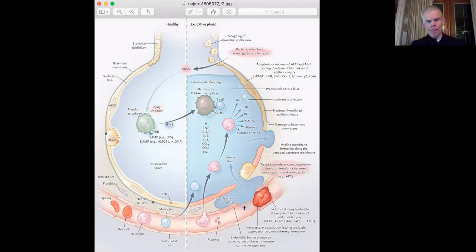So the idea of increased capillary permeability, let's look at that one first. And this has to do with the endothelial cells in the smooth muscle lining blood vessels.